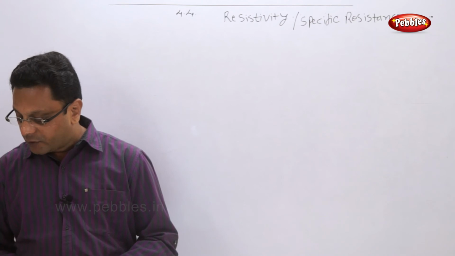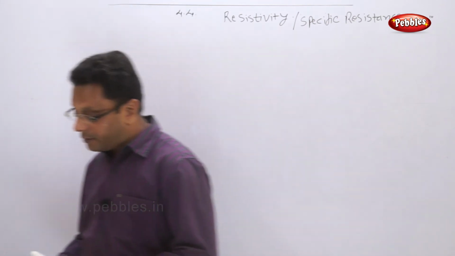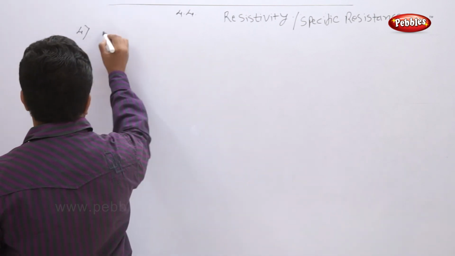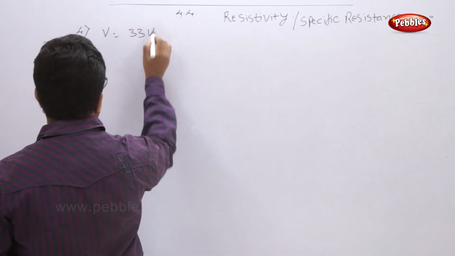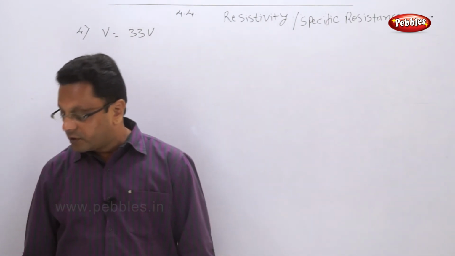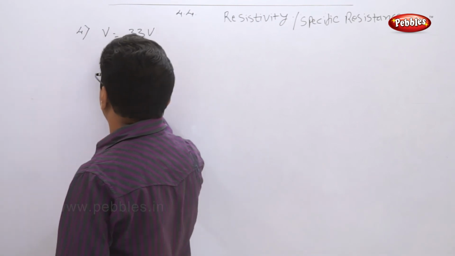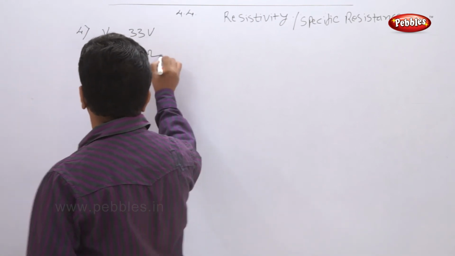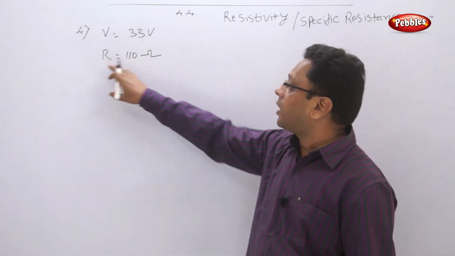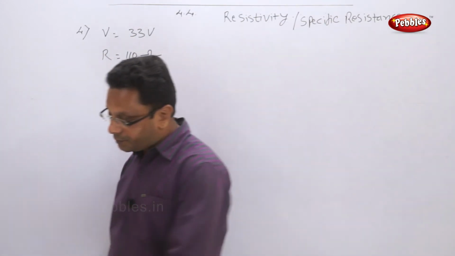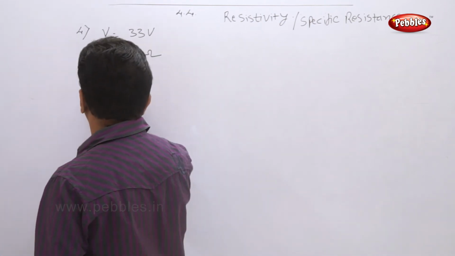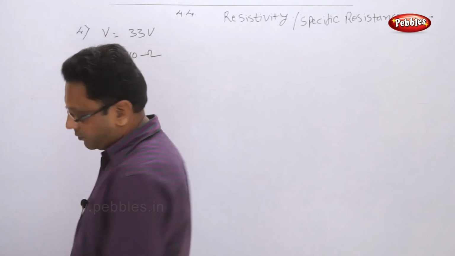If a potential difference of 33 volts is applied to a device whose resistance is 110 ohms, find the current. So the potential difference, that is the voltage, is given as 33 volts, and R is given as 110 ohms.